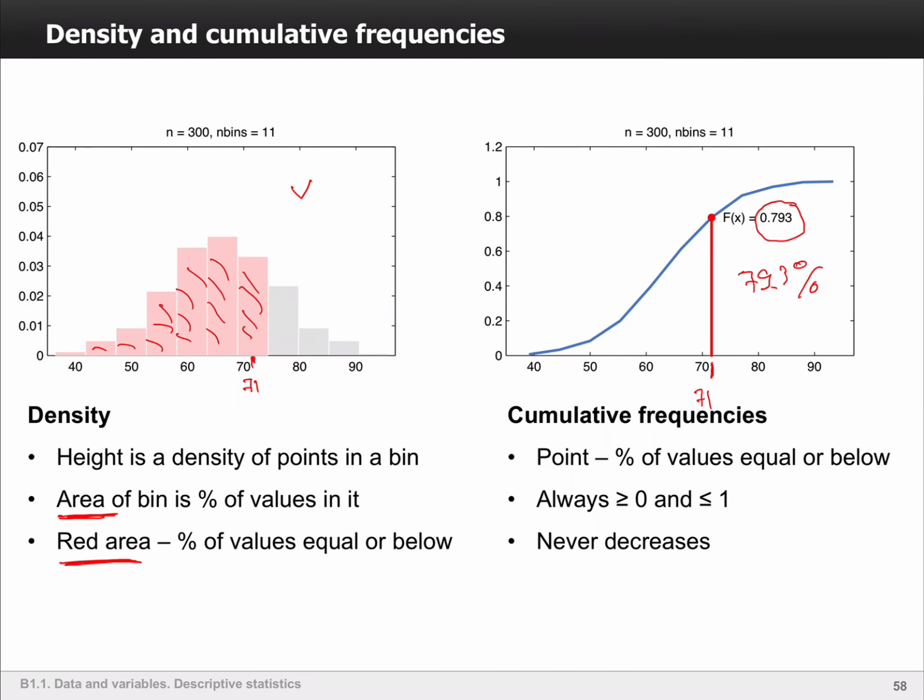And then if you look at the cumulative frequencies, a point on this curve is the percent of the values equal to or below the given one. So it means that the point on the cumulative frequency corresponds to the area in the density distribution and vice versa. And just to remind you that cumulative frequencies are always positive, never go above 1, because 1 corresponds to 100% of the values, and it never decreases. It either remains the same or grows.